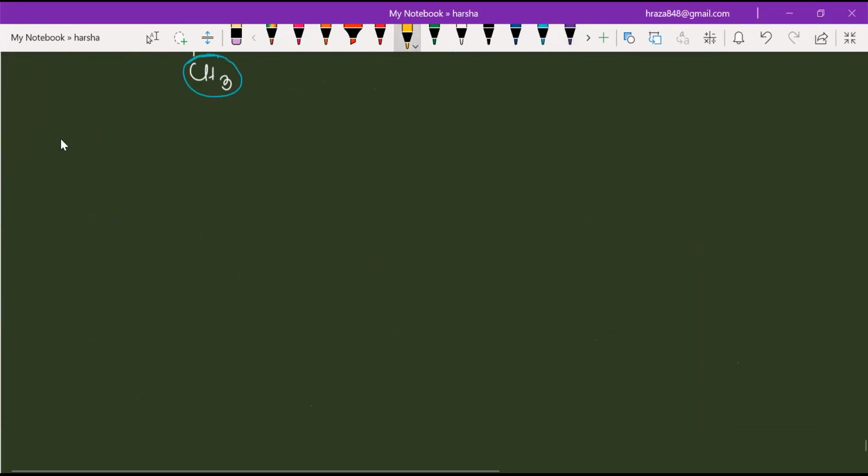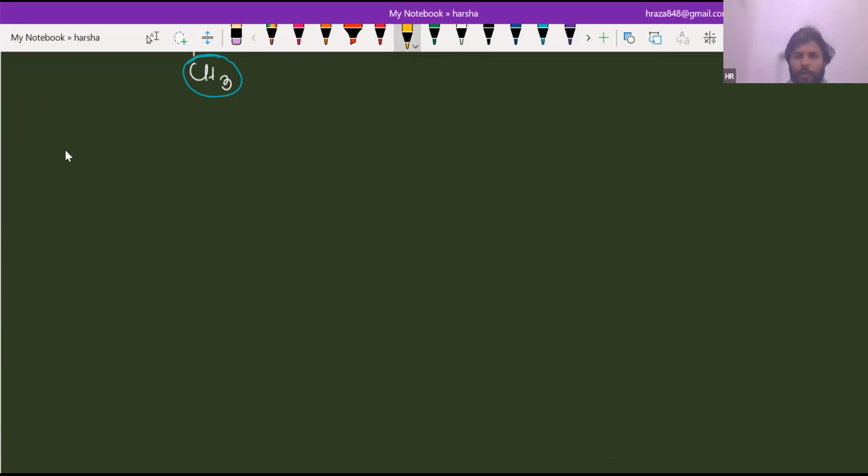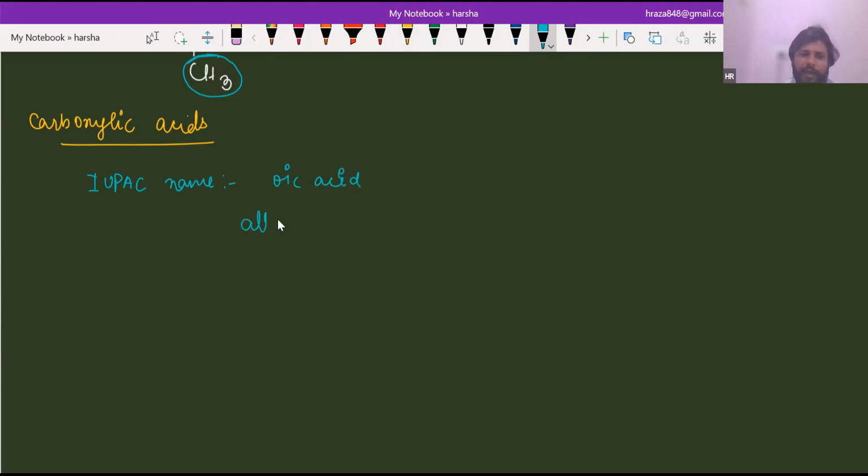Okay. In the last class, we also discussed the nomenclature of aldehydes and ketones. Now we are going to talk about carboxylic acids, the last one. This is your carboxylic acid, and in the IUPAC name, a carboxylic acid ends with oic acid, or alkane plus oic acid, that means we write alkanoic acid.